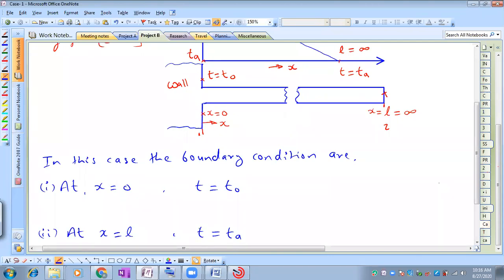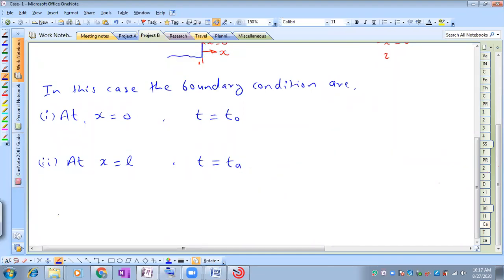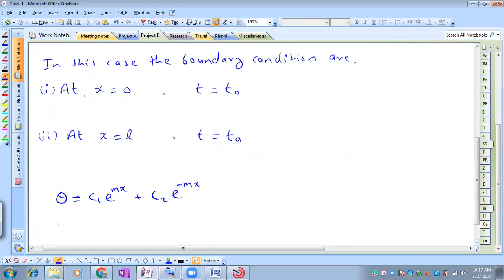Now, if you remember, we have an equation. What was that equation? I will write it for you. Equation number A: theta is equal to C1 e raised to mx plus C2 e raised to minus mx, where theta is nothing but T minus TA.